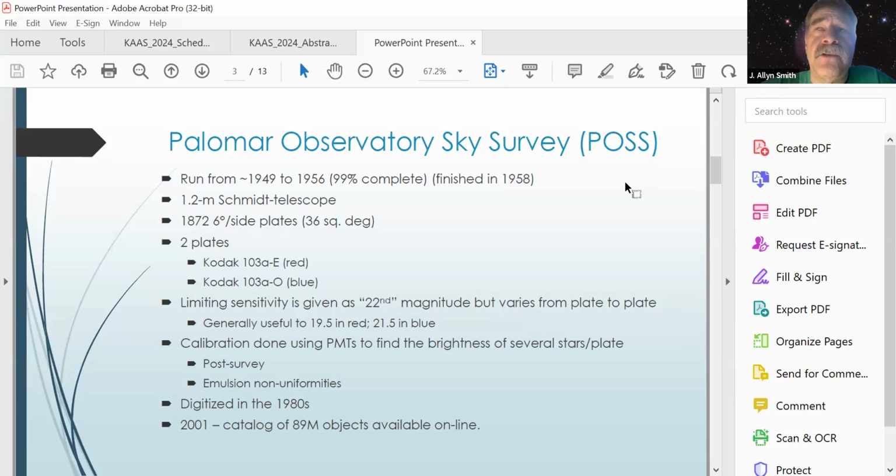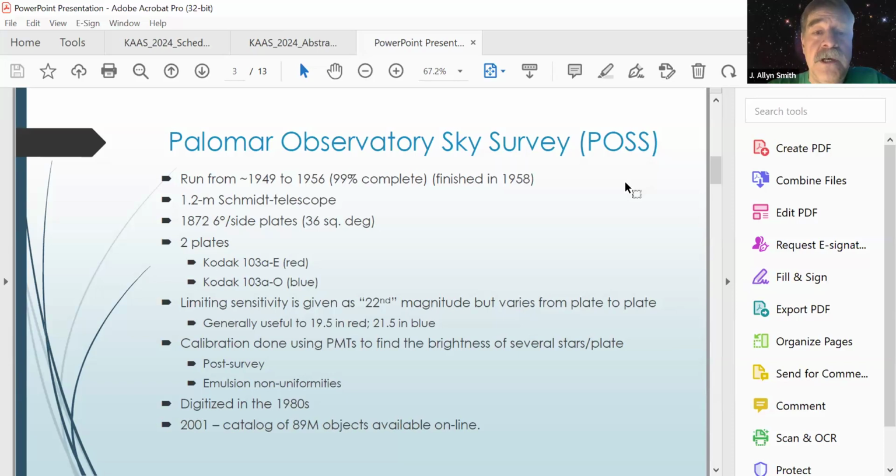Limiting magnitude in the survey is given as 22nd magnitude, but it varies from plate to plate and around the plates. And the general working limits that we used for what was complete throughout the survey was 19.5 in red and about 21.5 in blue. In the old days, red plates were not as sensitive as the blue plates.